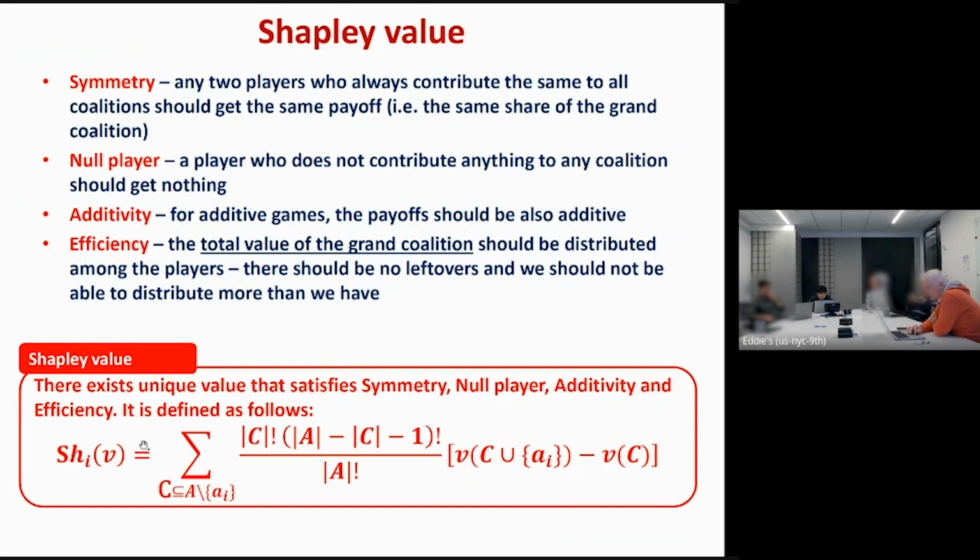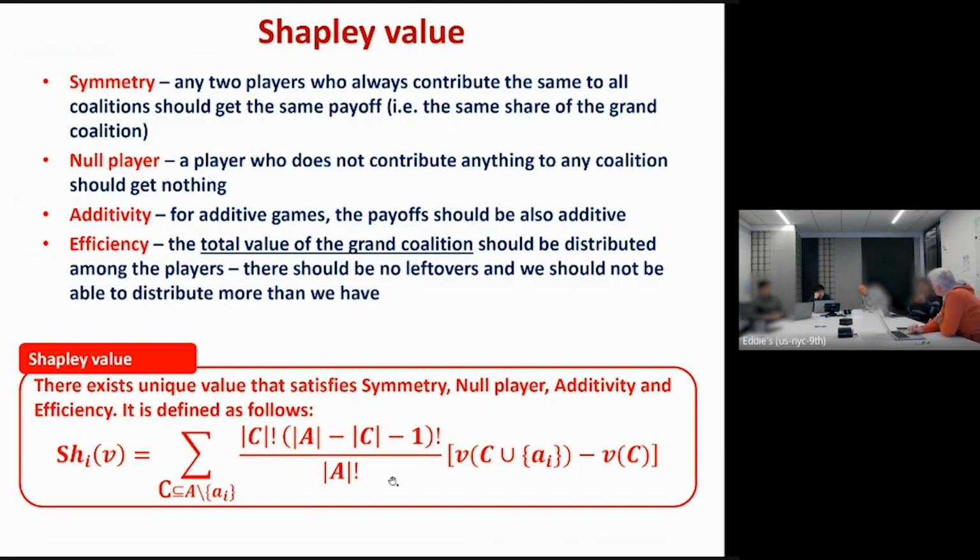The Shapley value of a player i is a sum over all possible coalitions without player i of the marginal contribution of the player to this coalition, weighted according to a weighting function. It depends on the coalition size. Let me not go into the details of this.